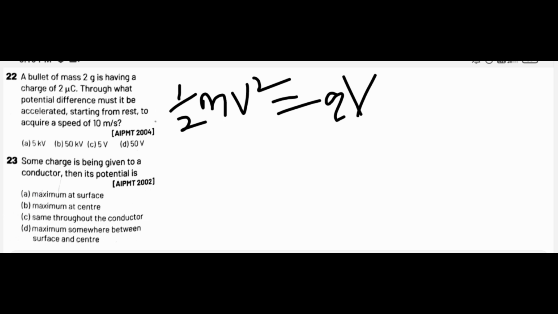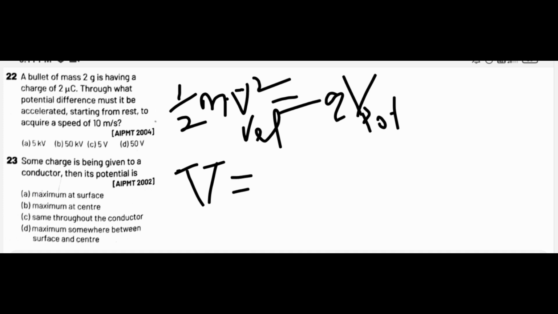The kinetic energy from mechanics we can write as half mv square, and the same in electrostatics is work done equal to q into V. If you know this, you will get an equation. Here v is a velocity, whereas this V is a potential. So if they are asking for the potential, take V and separate it.